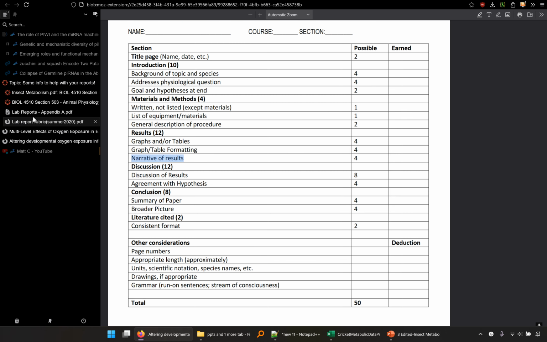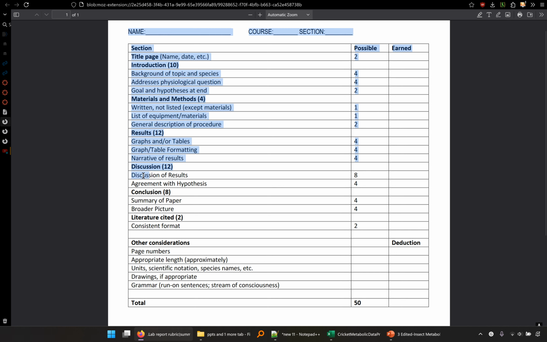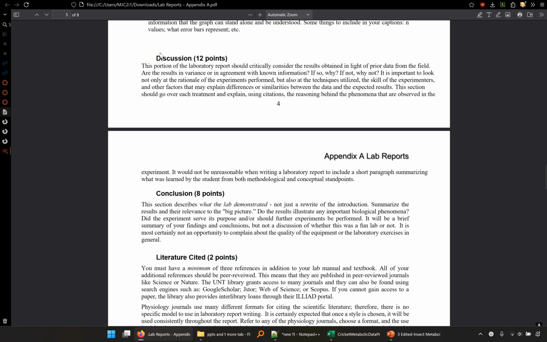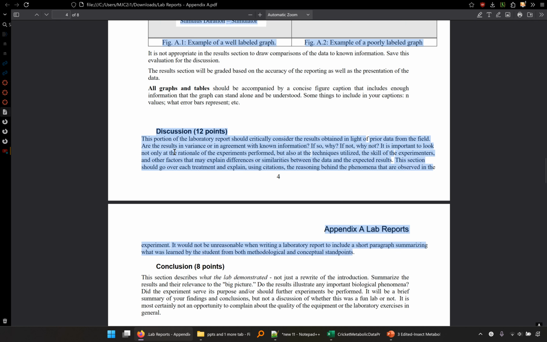And then your discussion of your results. Discussion is probably going to be the bulk of your work right here, and it should be the most heavily cited section of your actual lab report.